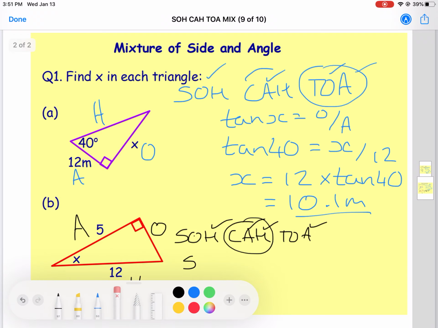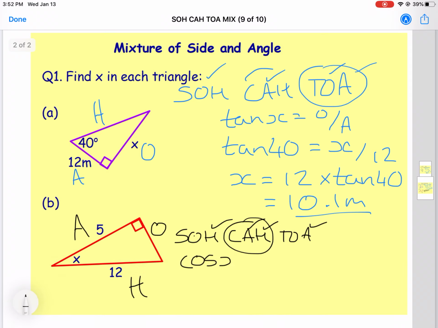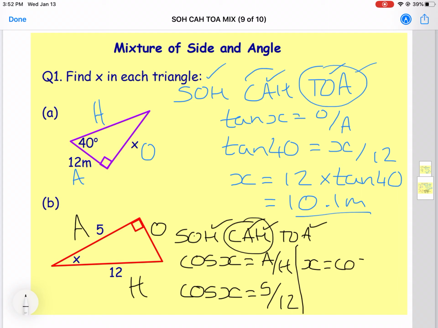So cos of x equals adjacent over hypotenuse. We don't know what x is, so cos of x is equal to, and the adjacent is 5 over 12. To find x, we have got to do cos minus 1 of 5 divided by 12.